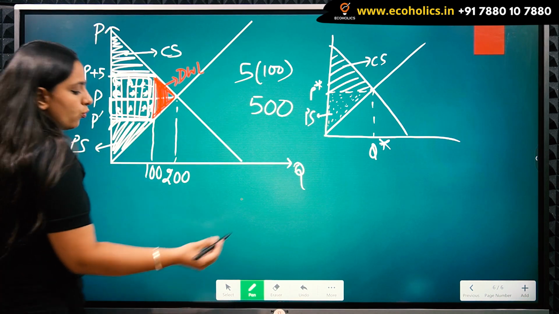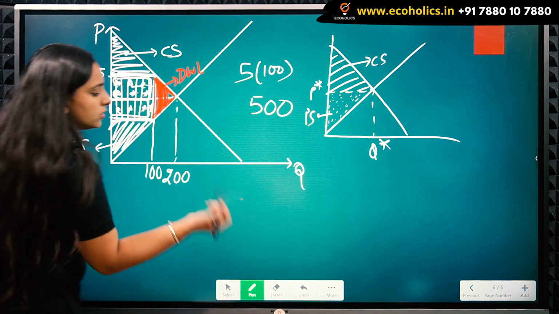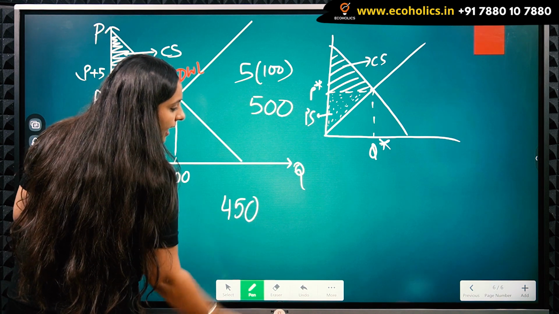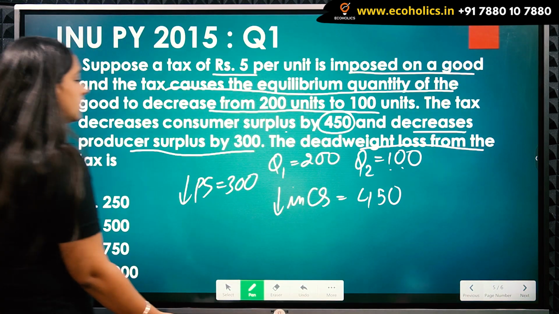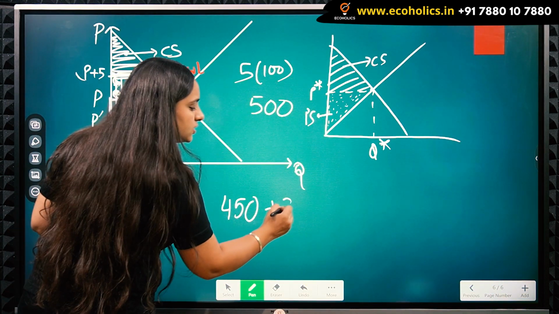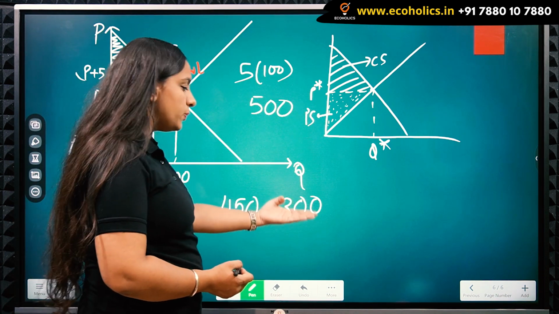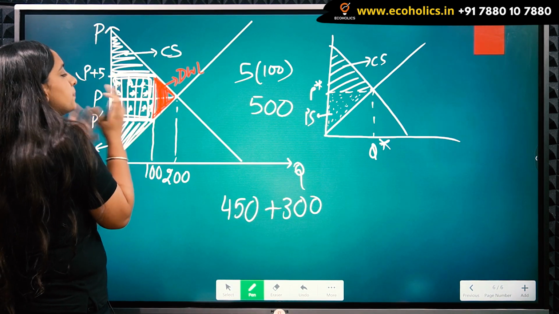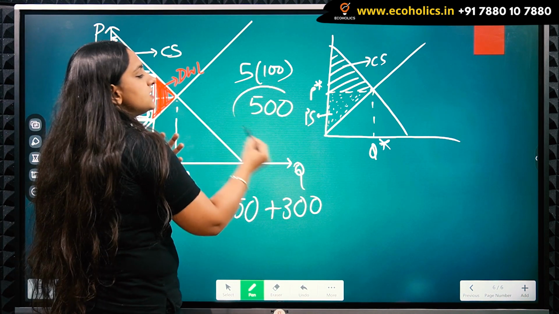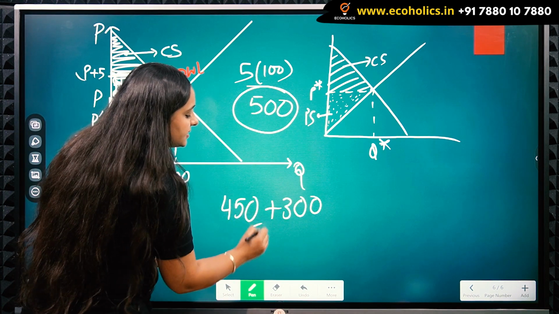The fall in consumer surplus is 450 and the fall in producer surplus is 300. So this is the total reduction in surplus. But as I said, part of the total reduction is going to the government. How much is going to the government? 500. So the total surplus loss is 750.